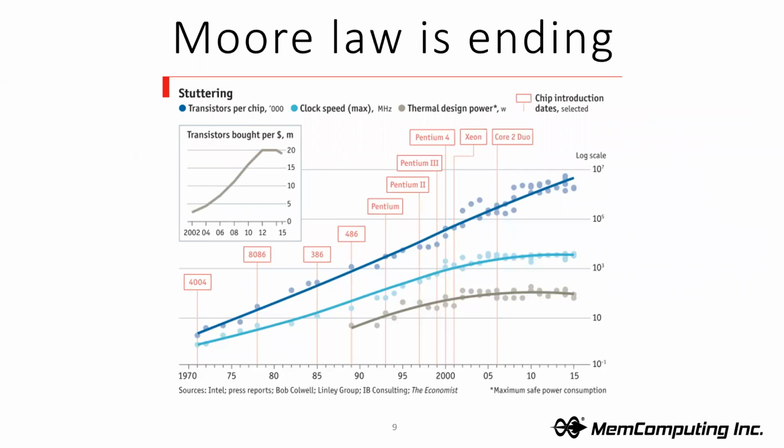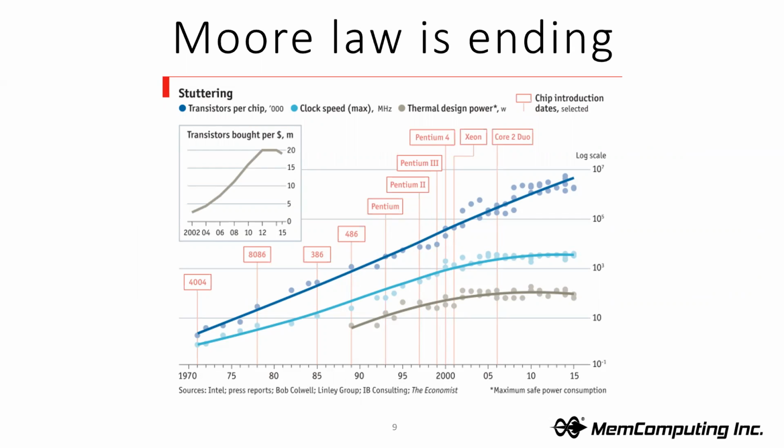And that's not the only problem. There is another problem: the trend of Moore's law is unfortunately ending. Moore's law is a very simple law that says that basically you can double the number of transistors within a unit of area of a chip, of an integrated circuit.